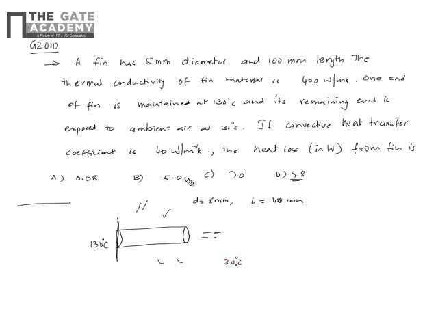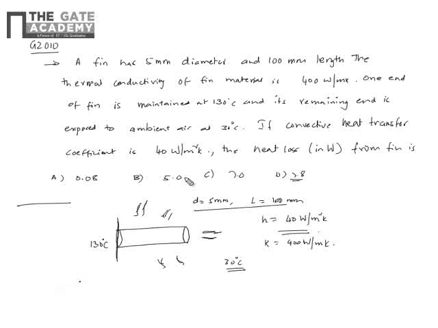The atmosphere is 30 degrees Celsius, and the heat transfer coefficient between the surroundings and the fin is 40 watt per meter square Kelvin, and the thermal conductivity is given for the fin material, which is 400 watt per meter Kelvin. So can't say steel, some other material. From all the other surfaces, it can lose heat. What is asked is how much is the heat loss.